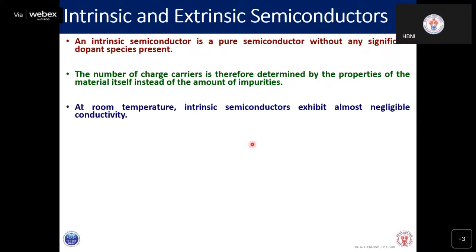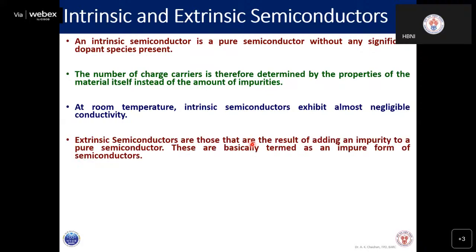At room temperature, an intrinsic semiconductor exhibits almost negligible conductivity. At absolute 0 Kelvin, it is a perfect insulator, but even at room temperature the conductivity is low, and whatever conductivity there is comes from carriers promoted to the conduction band by thermal energy.